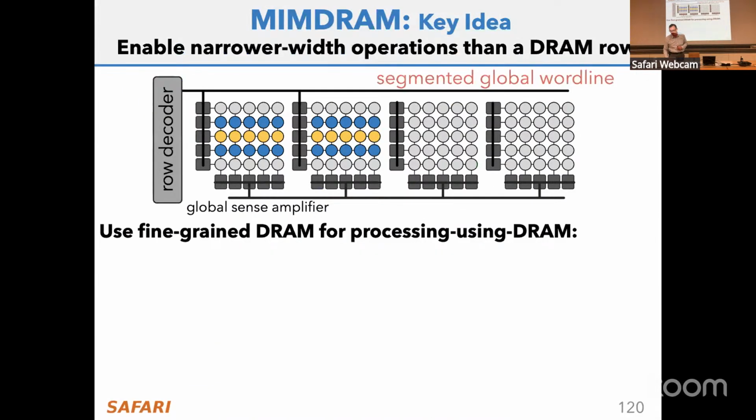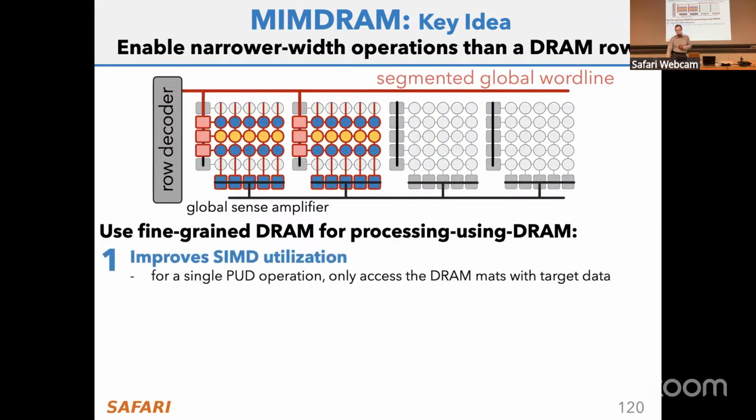So in this work, we propose a finer-grained DRAM where you can partition or segment the rows into smaller rows. We call it sector DRAM or fine-grained DRAM, where you can activate individual mats, and individual mats are much smaller than full rows if you look at the DRAM structure, which I'm not going to go into. So you can enable operations at 512-bit level. You just use the mats that you need for an operation, as opposed to using the entire row.